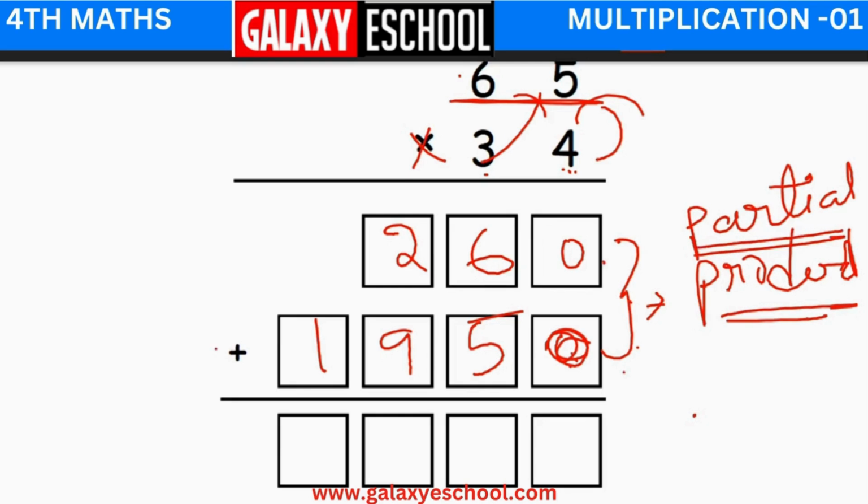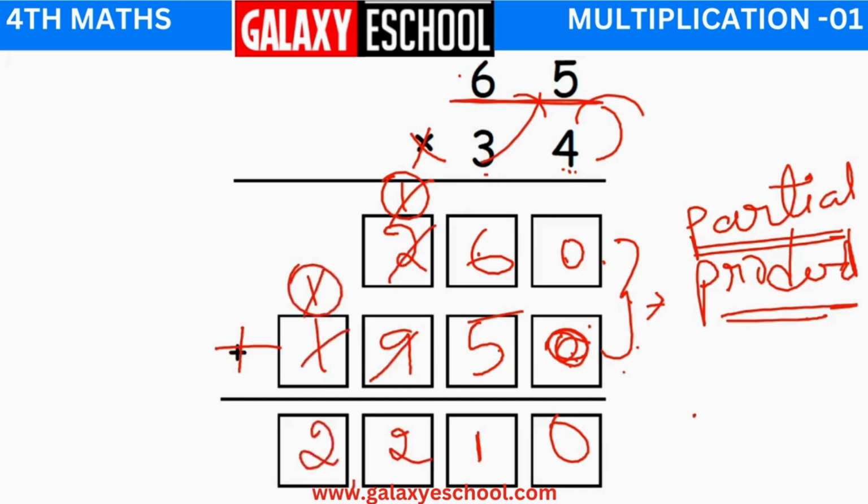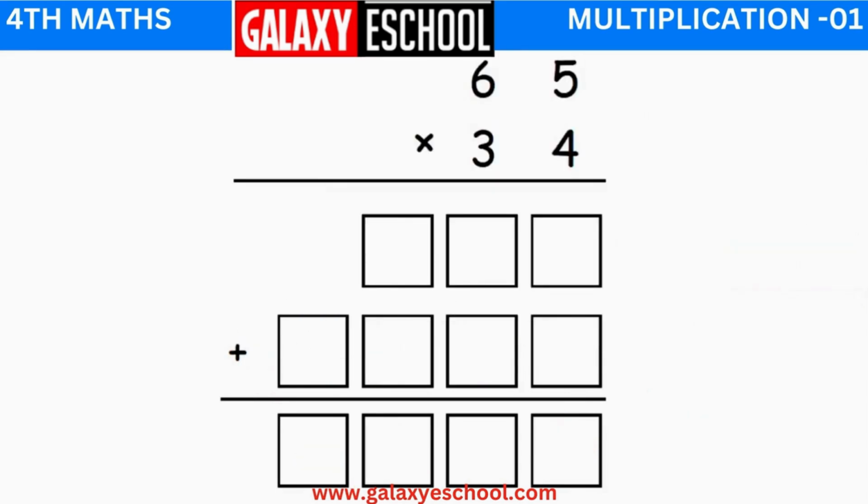Now we should add these partial products together. 0 plus 0 is 0, 6 plus 5 is 11, 1 here and 1 carried, 1 plus 2 is 3, 3 plus 9 is 12, 2 here and 1 carried, lastly 1 plus 1 is 2. 2210 is the product of the multiplication. This was multiplying a 2-digit number with another 2-digit number.